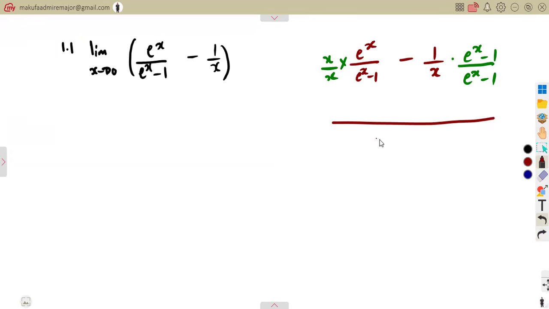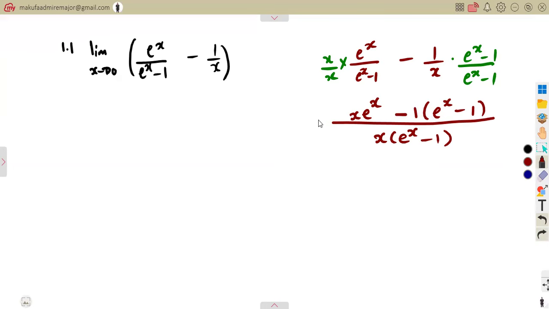The denominator of x, e to the exponent of x minus 1, you just keep as it is, and you combine the numerators. So that is x e to the exponent of x minus, and take note there's a minus 1 that must affect e to the exponent of x minus 1, so it must be in a bracket so that everything is affected by the negative.